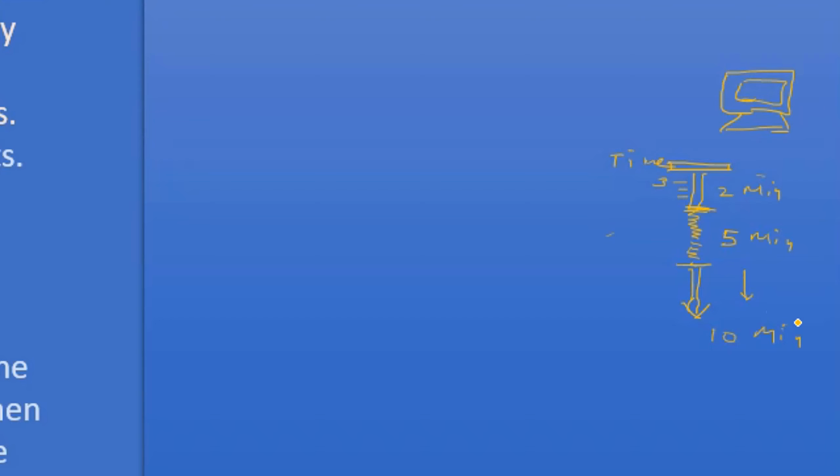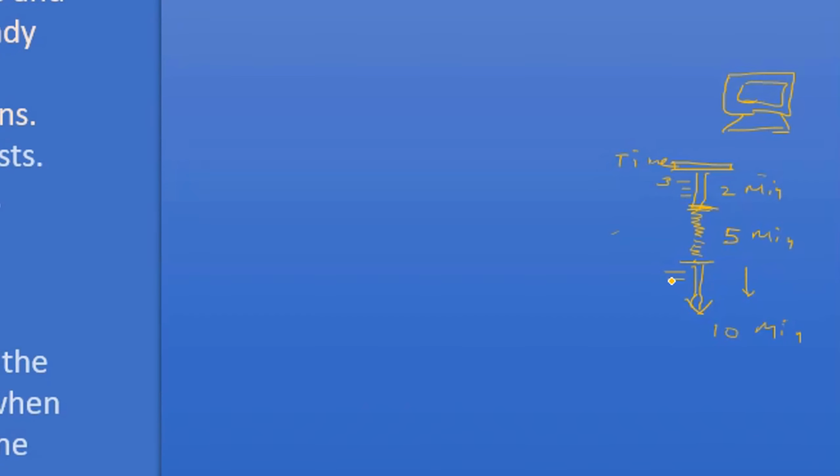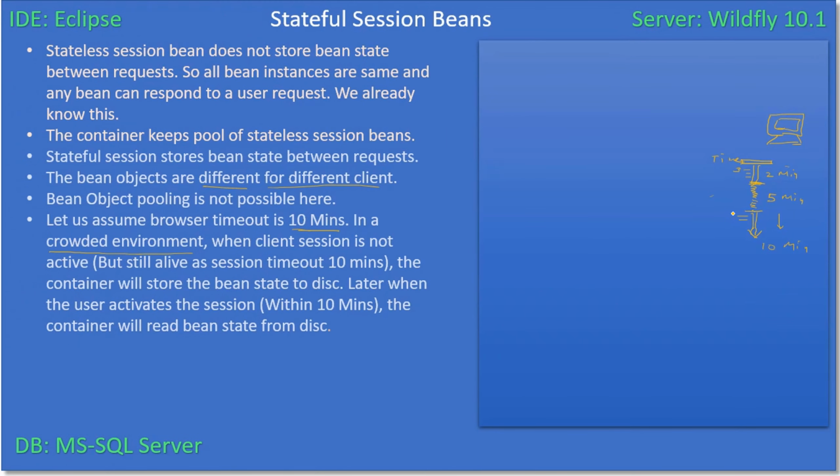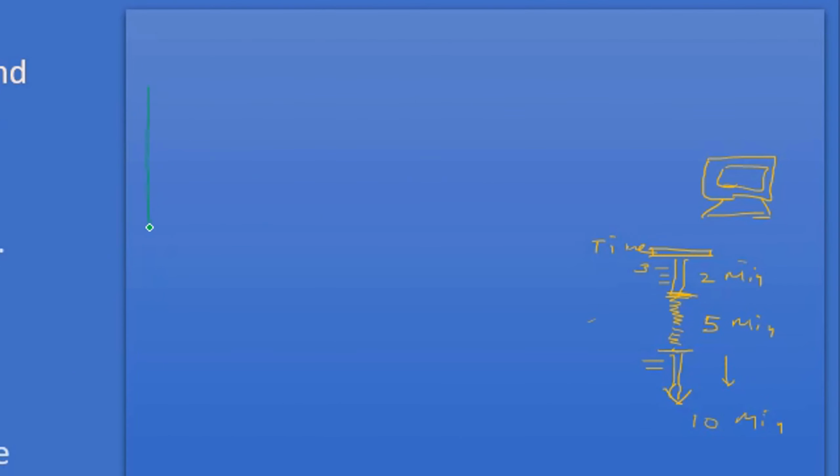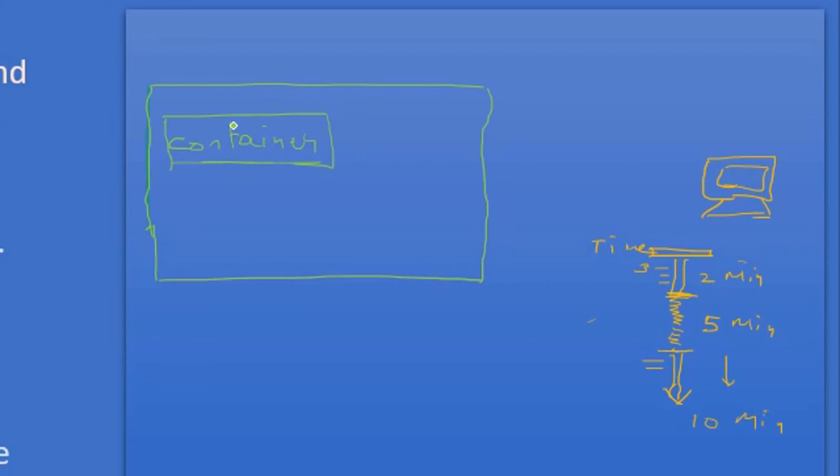The timeout is 10 minutes on the browser session, and it was idle only 5 minutes. Now the user once again came back to the same browser session and started browsing some other product using search, or adding a product to the cart or removing it.